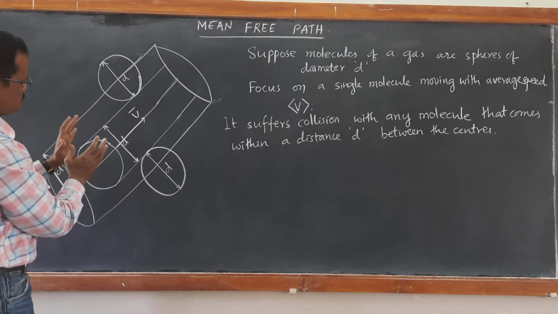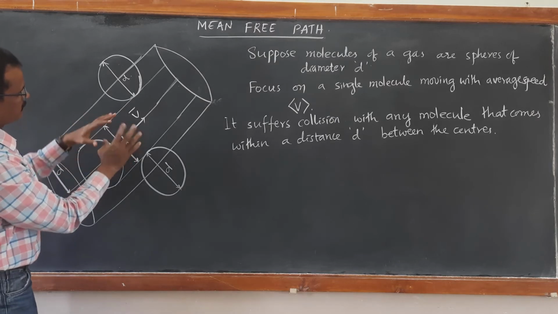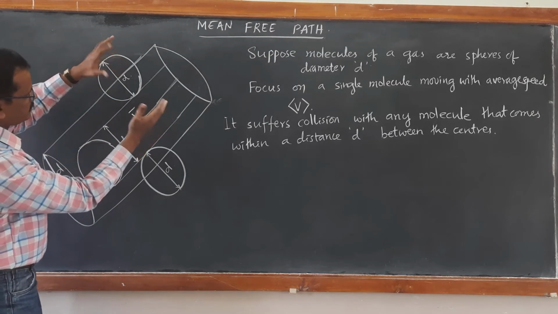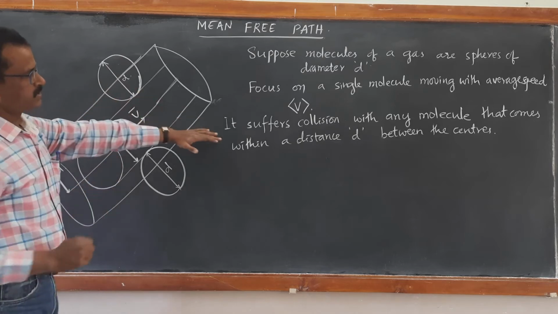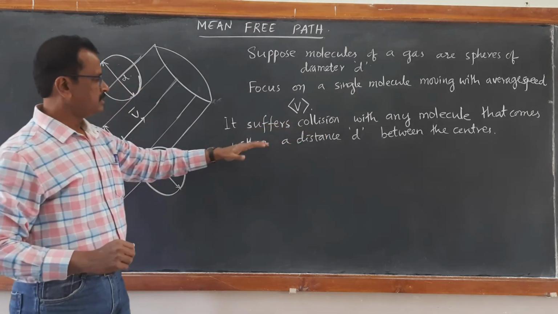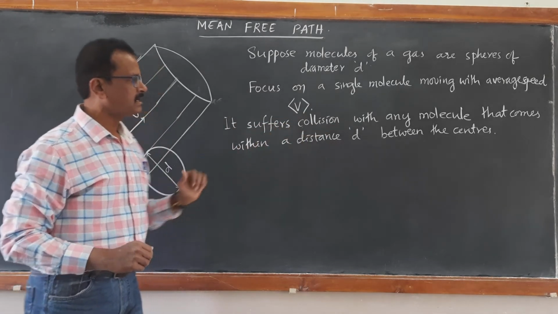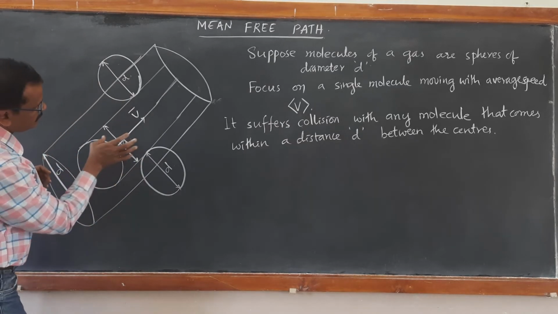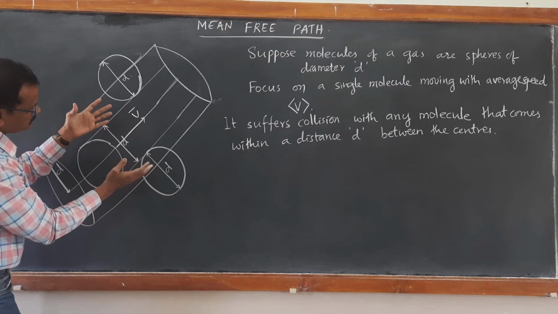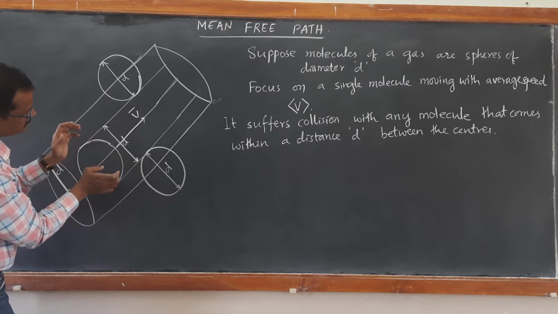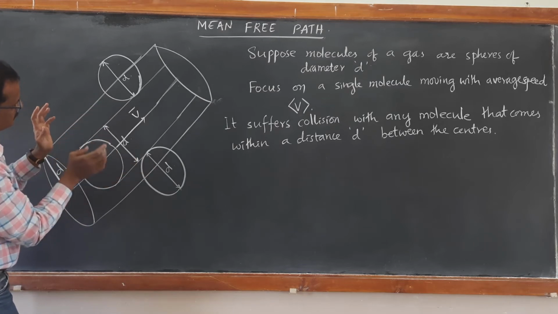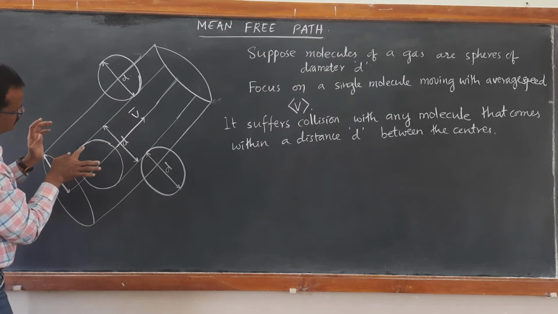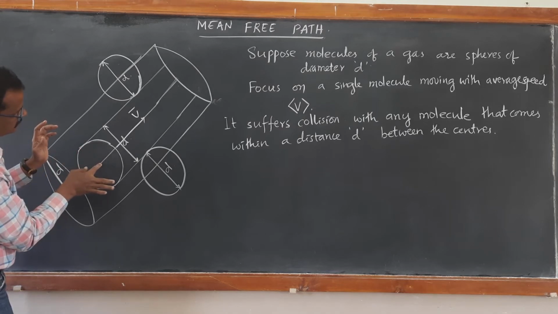Now this molecule will suffer collisions with other molecules that come in its path. It suffers a collision with any molecule that comes within a distance d between the centers. See, here the radius is d by 2.